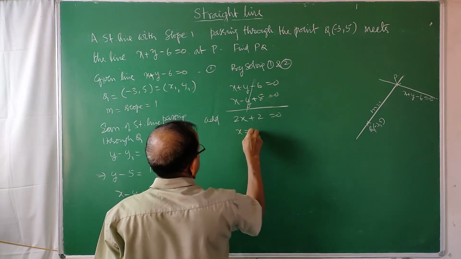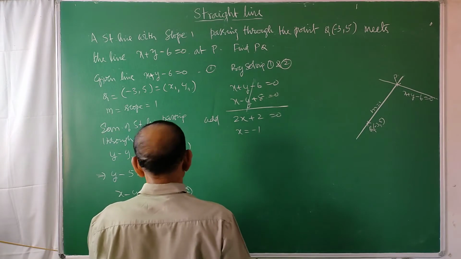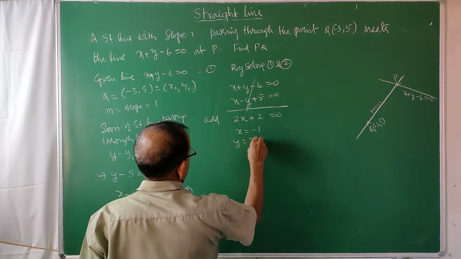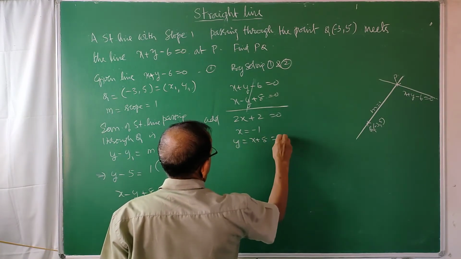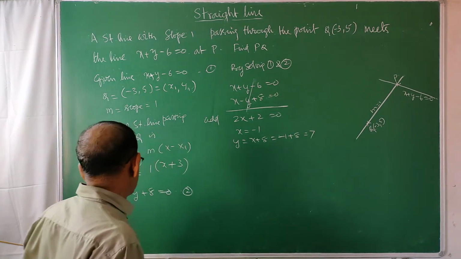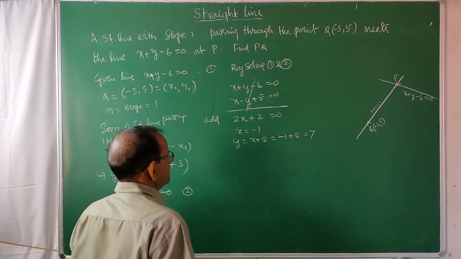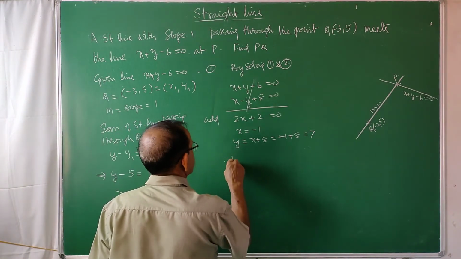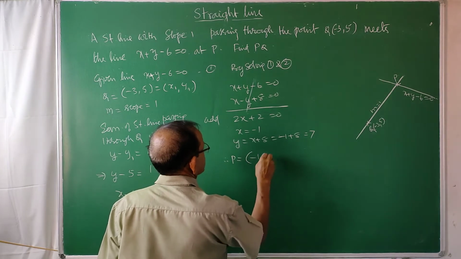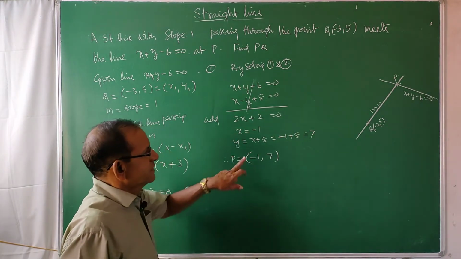So 2x is -2, x is equal to -1. We have to find out y. y is equal to x + 8, equal to -1 + 8, equal to 7. Therefore, P is (-1, 7). Now let us find out the distance between P and Q.